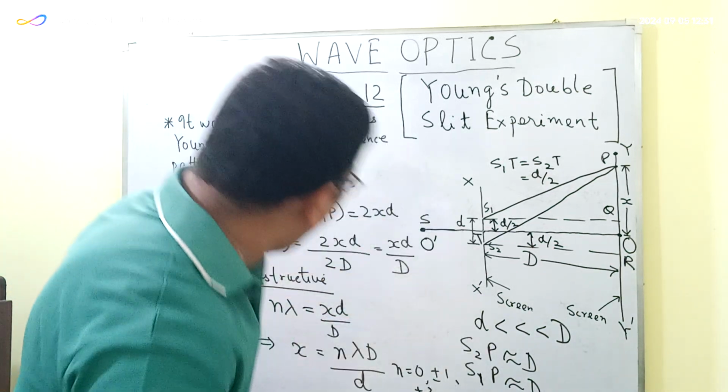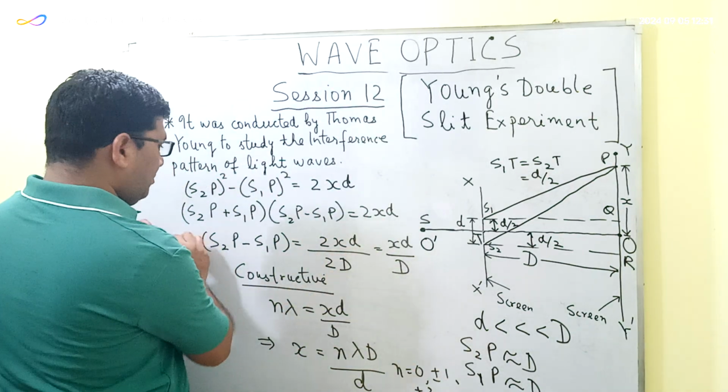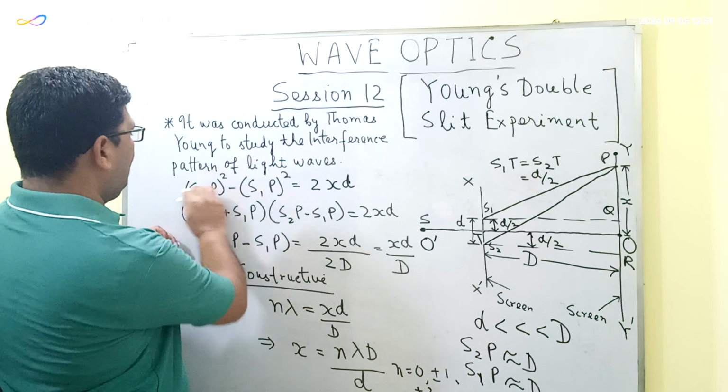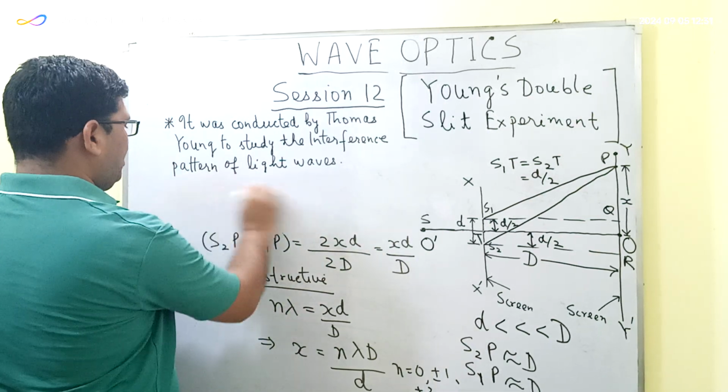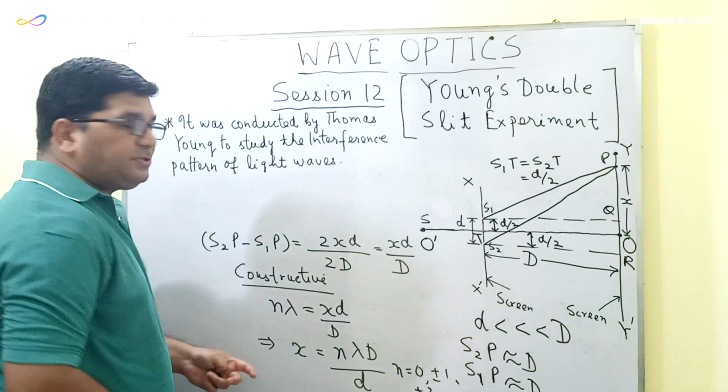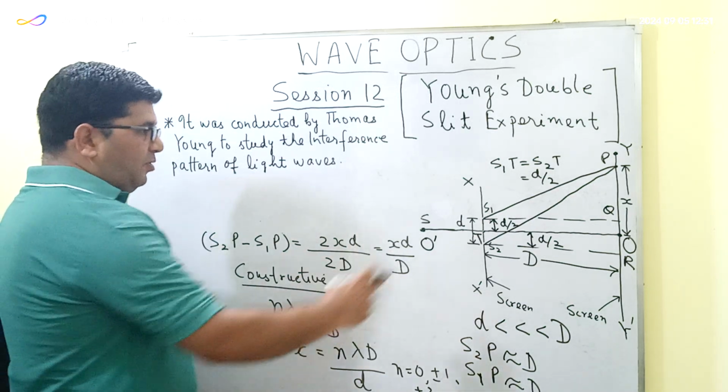Now let us find the distance of the nth dark fringe from the center of the screen.